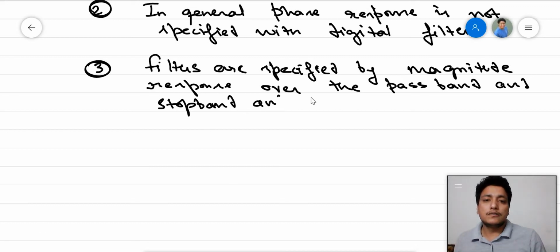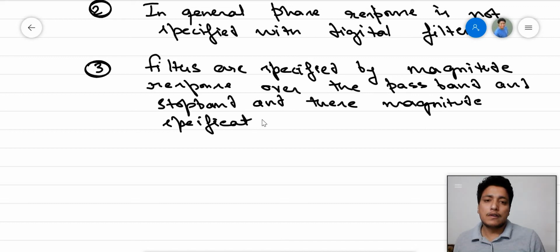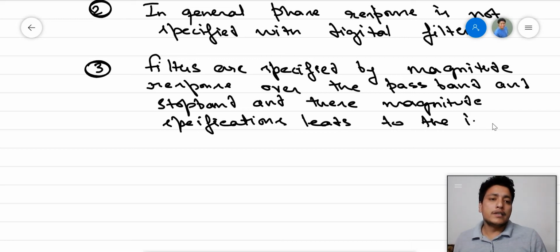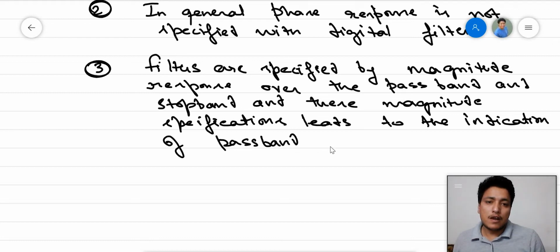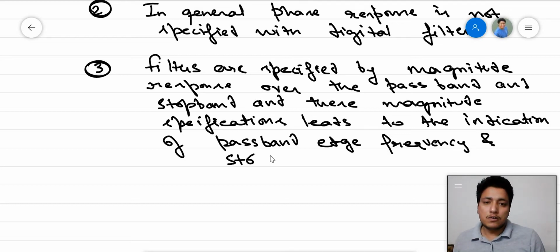And these magnitude specifications lead to indication of pass band edge frequency and stop band edge frequency.